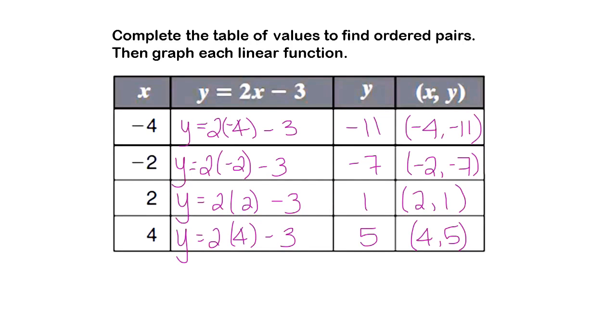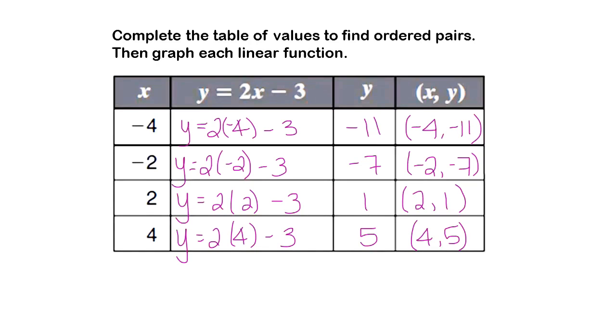Now, if you notice, our domain values are always increasing by 2, at least what's given to us. And if you look at our y values, it's always increasing by 4. Actually, the x values aren't increasing by 2 between negative 2 and 2.